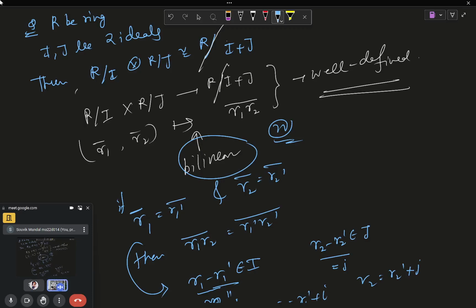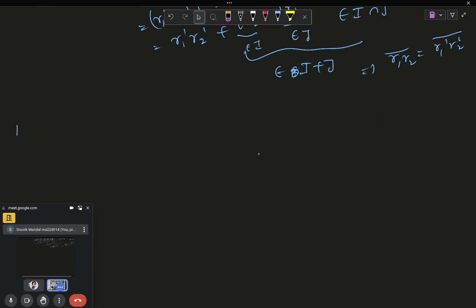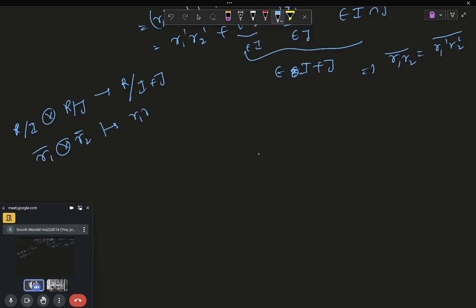It is actually bilinear by the concept itself. So what we have is R by I tensor R by J equals R by I plus J. Understand?